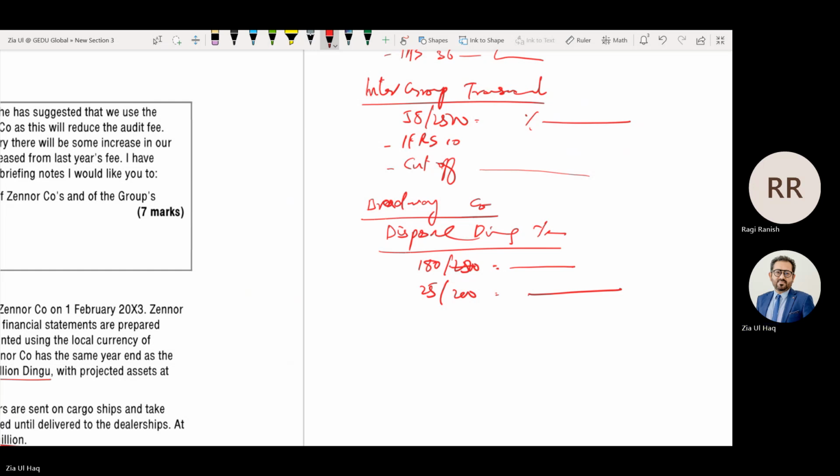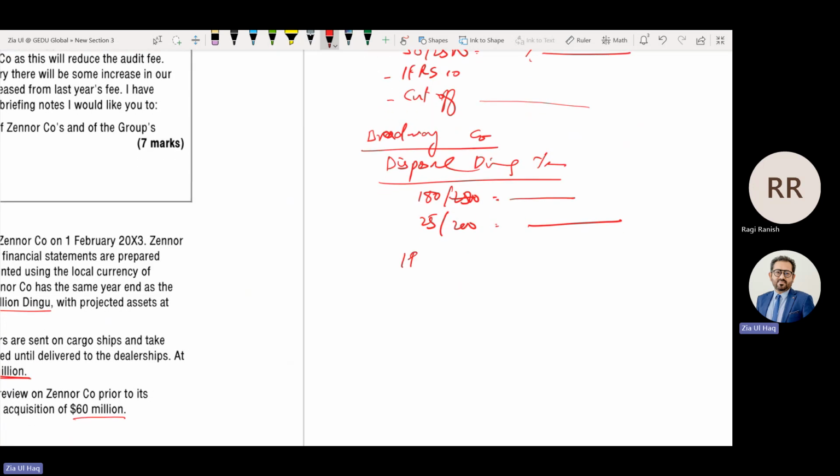Now relating to disposal, what are the risks? For IFRS 10, pre-disposal results must be consolidated rather than post-disposal, and due to inappropriate apportionment of pre- and post-disposal results, the financial statements could be manipulated. Only pre-disposal results, that is before disposal, should be consolidated.